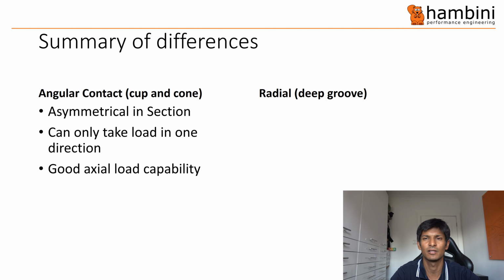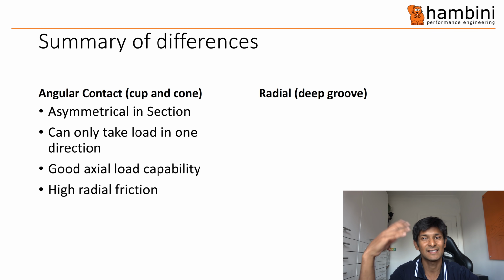It's got good axial load capability, and that's because the contact angle is heading more towards the axial direction. But it has high radial friction, so if you want to go fast, then that's not really suitable on wheels.